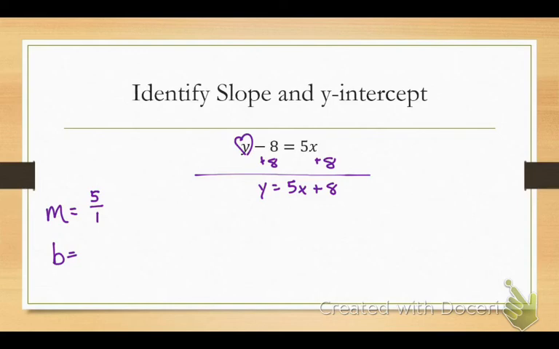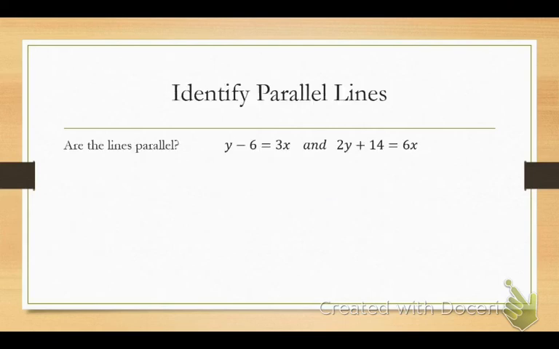Why would I write it 5 over 1? Because it's rise over run. It reminds me to run. B equals what? 8. Who got it right? If your buddies around you got it wrong, that's on you. You're supposed to be helping them.